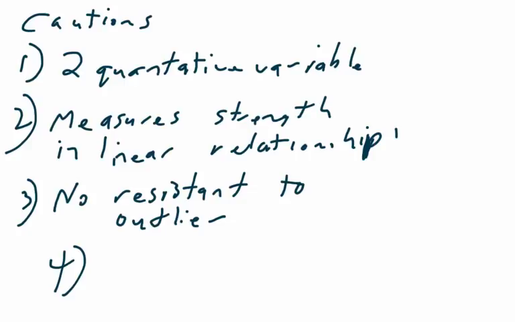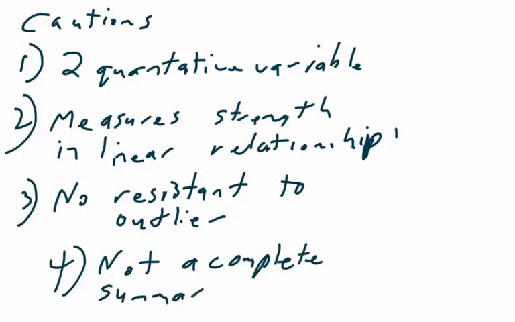And number 4, it is not a complete summary. It's just one aspect of what's going on. In order to do that, you may want to graph the points or look at the best fit line and many other things. But this is not a complete picture.